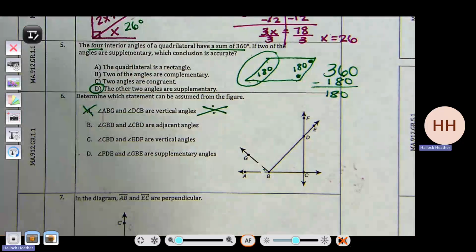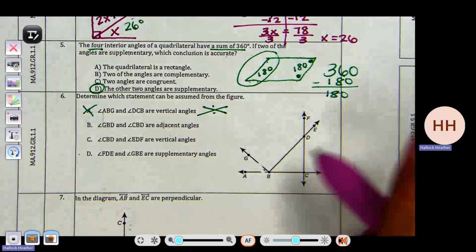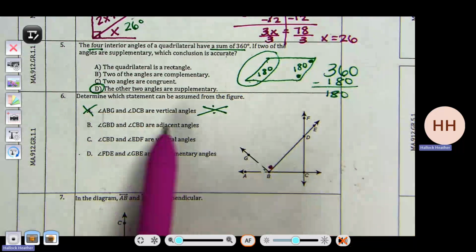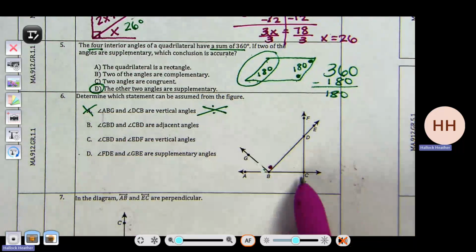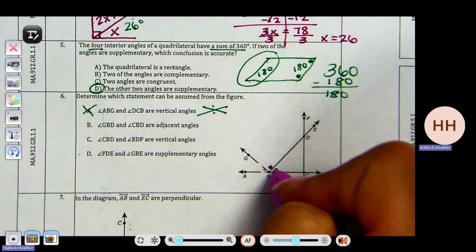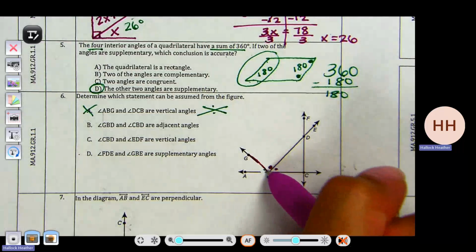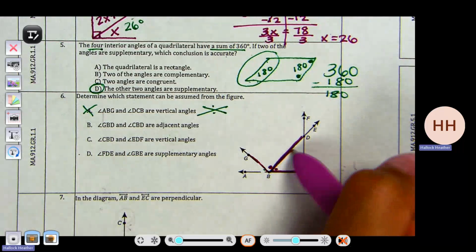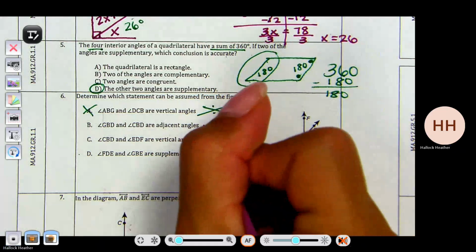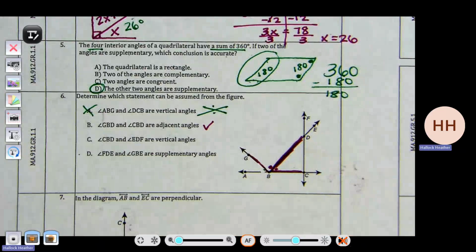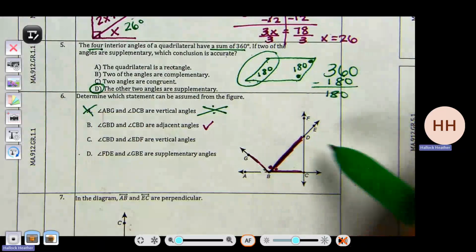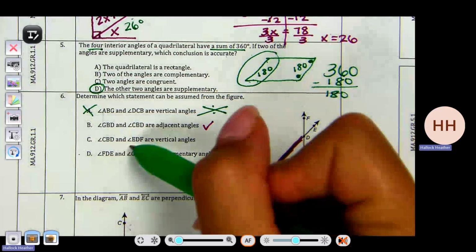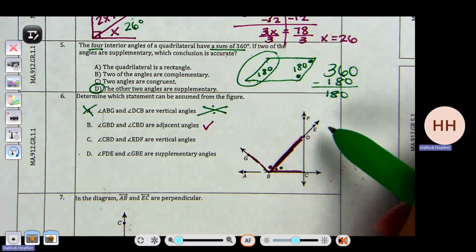The next one says GBD, so this one, and CBD are adjacent. That is true because they share a common side. They share this side right here. So they share this ray. The next one, if you want to just go through them really quick, CBD is right here, is vertical angles to EDF.